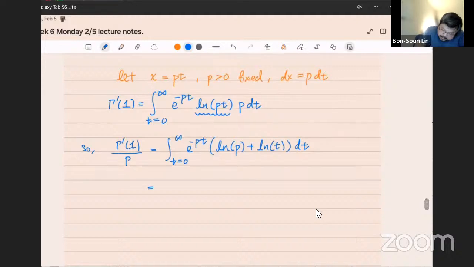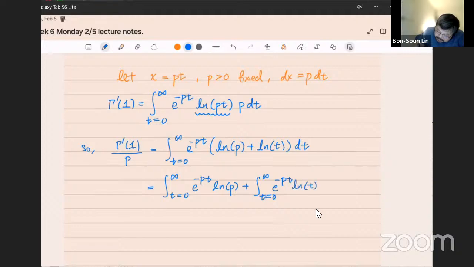And here, this integral, we can separate into two integrals to deal with them. The integral of t going from 0 to infinity, e to the minus pt times natural log of p, plus the integral of t going from 0 to infinity, e to the minus pt, natural log of t, dt. Both of these are dt, so let me write that in.